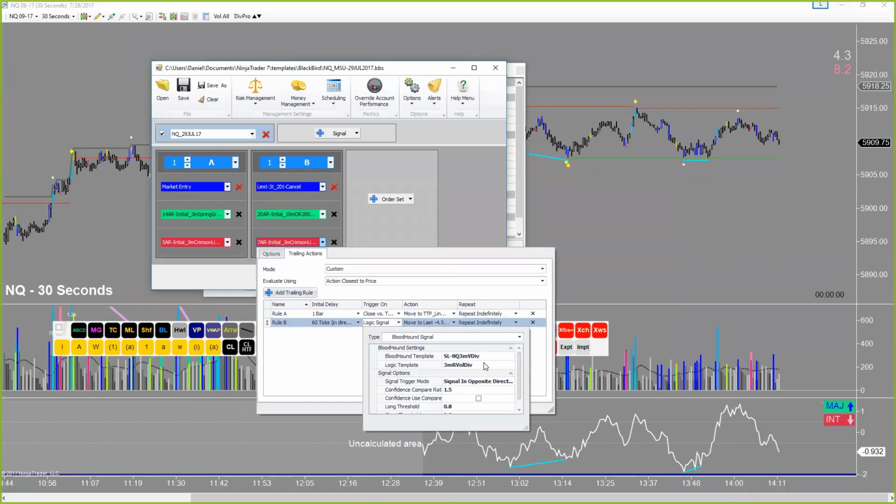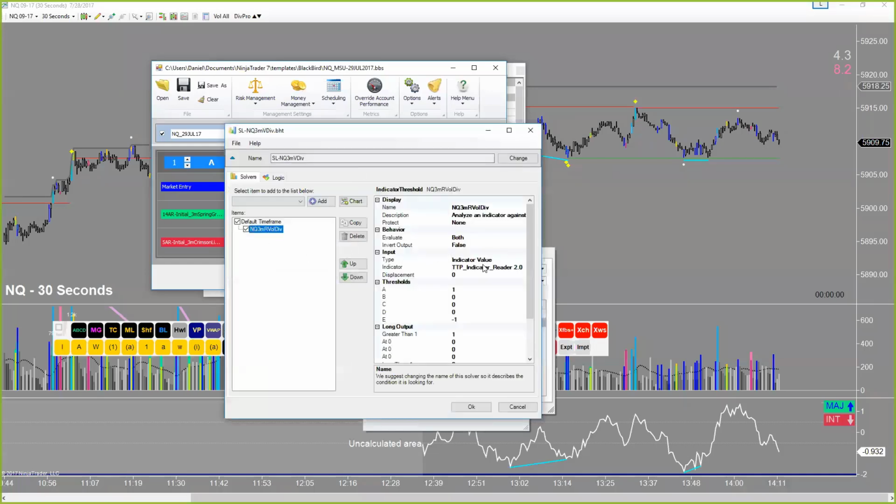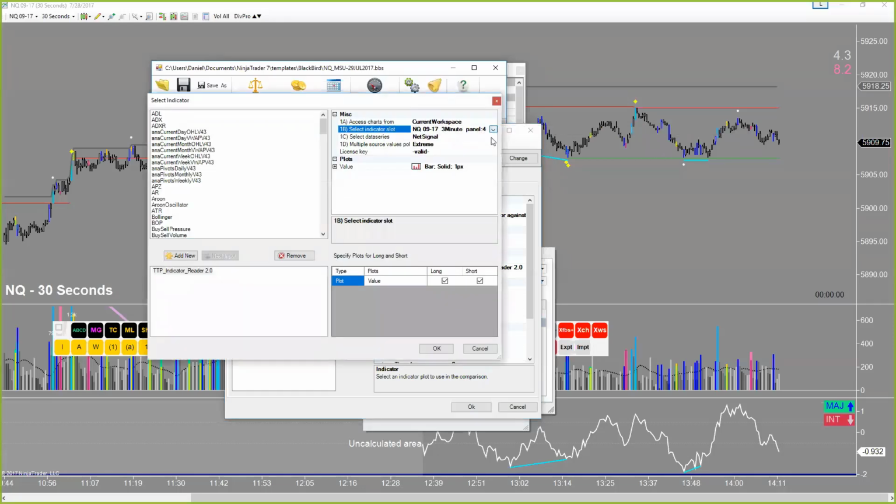This is the one that's looking for volume divergence on the 3-minute chart. It's just a simple little solver with that indicator reader that's allowing me to access Bloodhound from the 3-minute chart. It's pretty amazing.